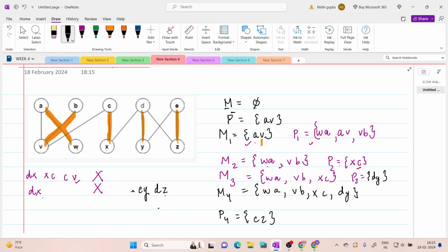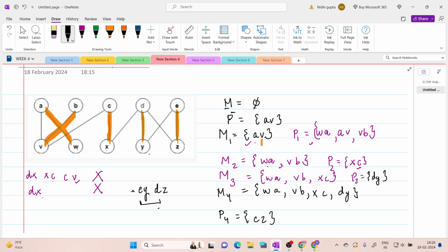Before taking this E, is it an augmenting path? EY, DZ. This is of length two. We have already discussed the length is not odd. Plus also it is not a path, right? EY, DZ is not a path.